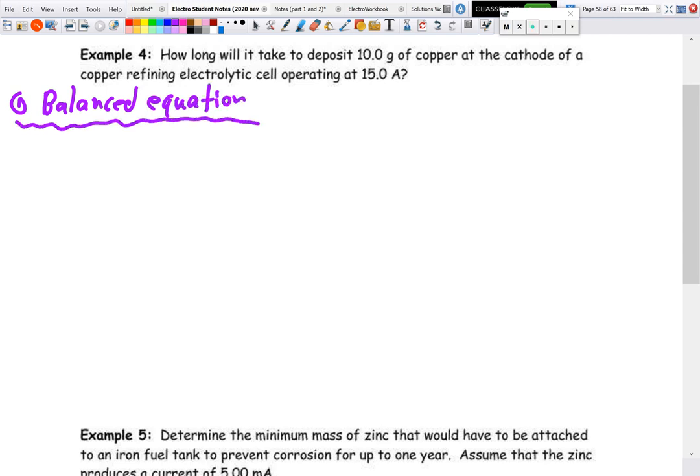In this case, it is copper getting deposited at the cathode, so we know cathode needs to be a reduction half reaction. The reduction half reaction of copper is Cu2+ aqueous plus 2 electrons, producing Cu solid. So this would have to be the reaction at our cathode.